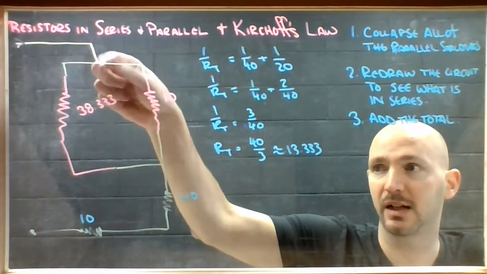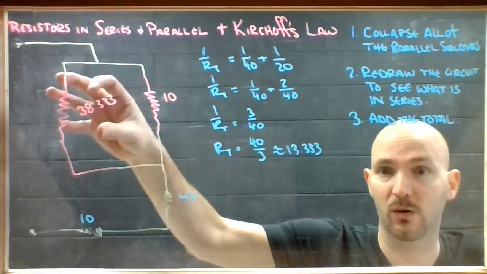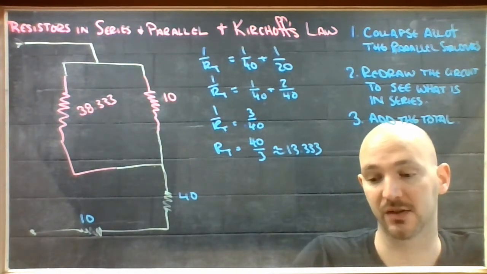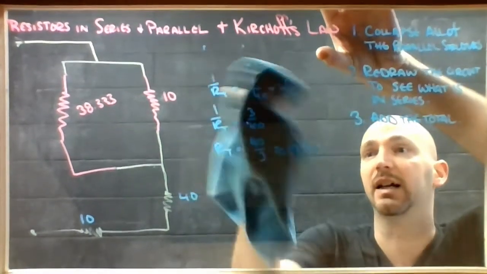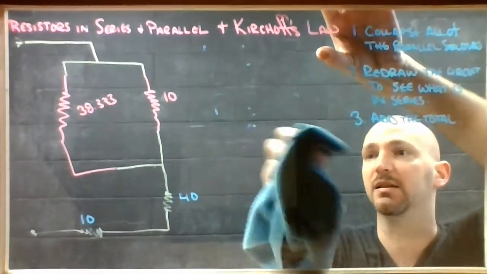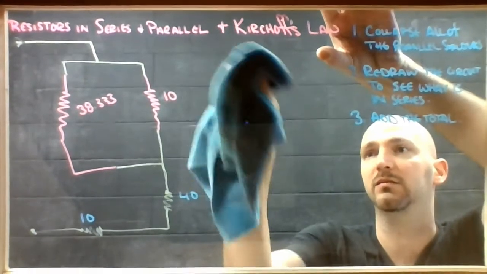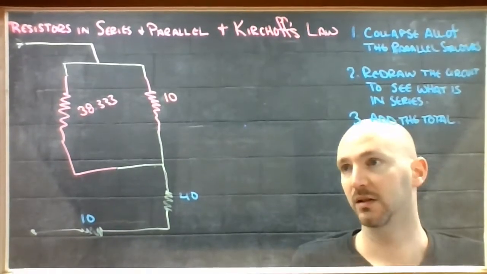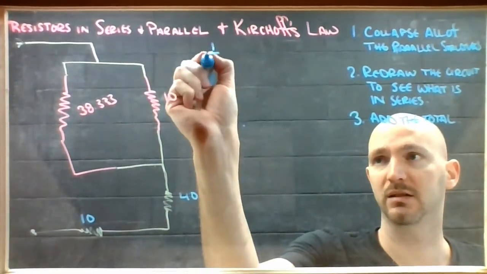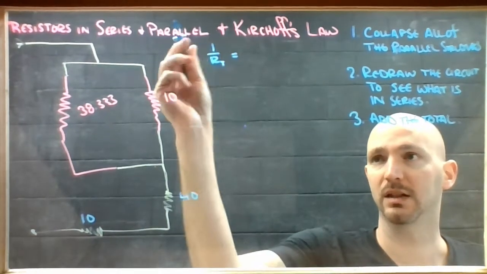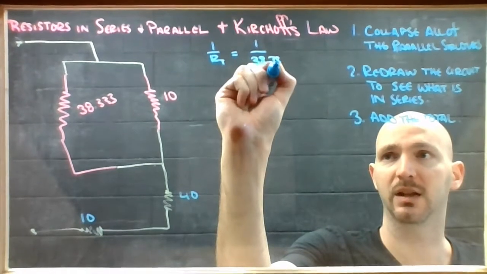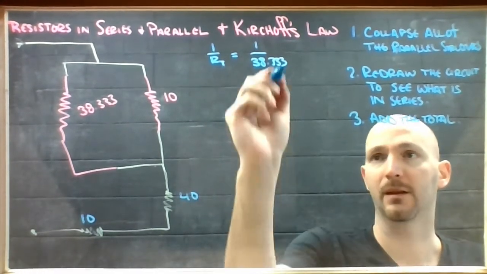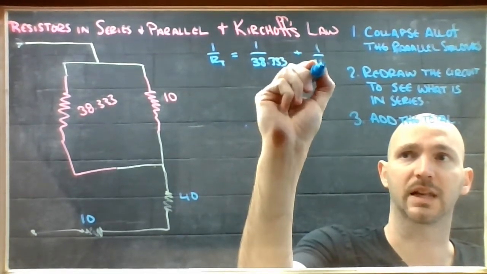Now if I come here, I see 2 branches. I go through this or that. So that's a parallel structure. So I'm going to erase my space here. And then I'm going to add those 2 together as parallels. So 1 over RT is 1 over 38.333 plus 1 over 10.